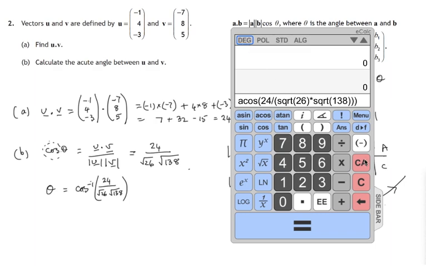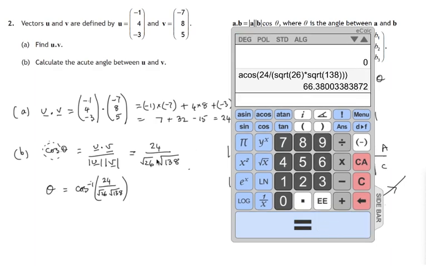So degrees is what I'm going to give it in, and therefore I get 66.38 degrees. And so the required angle is, I'll say, 66.4. That's to 3 significant figures or 1 decimal place. And I'll write down the accuracy I've got, 1 decimal place.